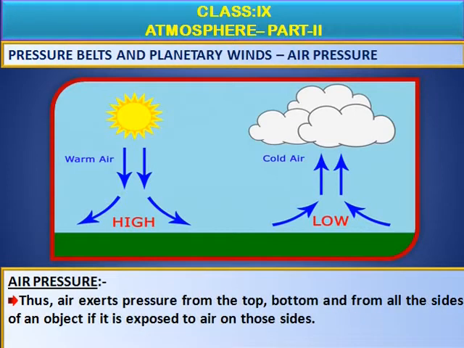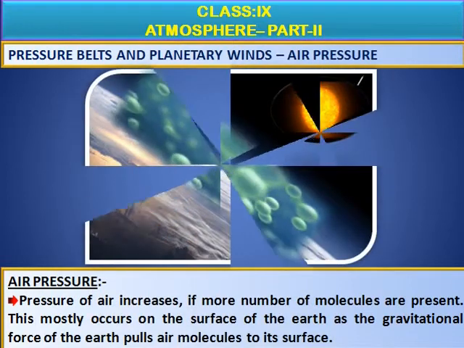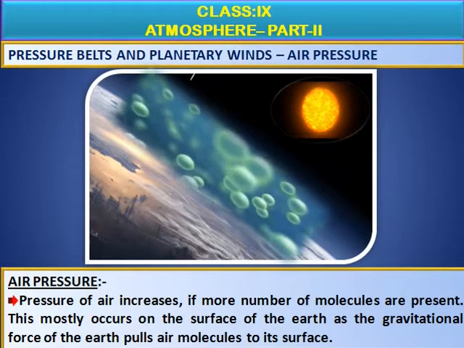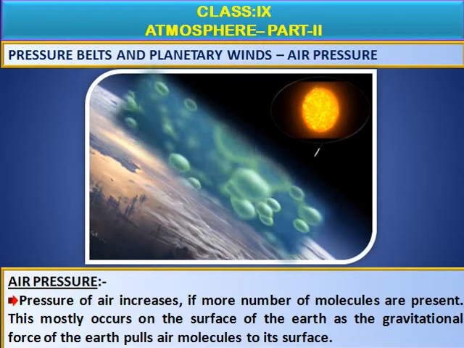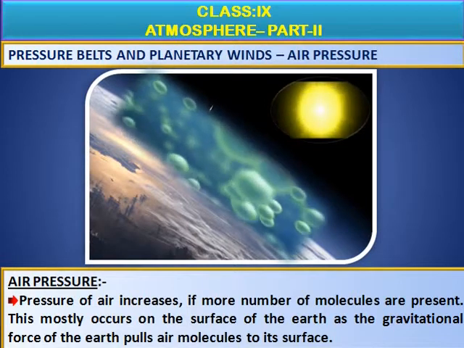Thus, air exerts pressure from the top, bottom, and from all the sides of an object if it is exposed to air on those sides. Pressure of air increases if more number of molecules are present. This mostly occurs on the surface of the earth as the gravitational force of the earth pulls air molecules to its surface.